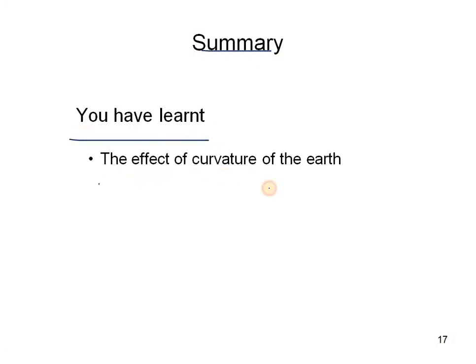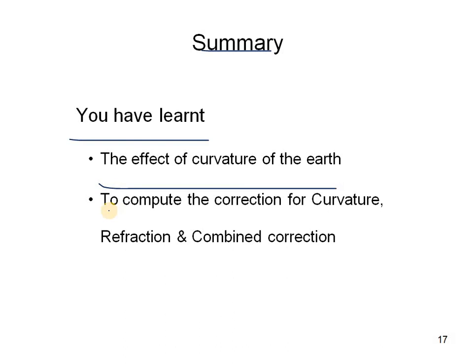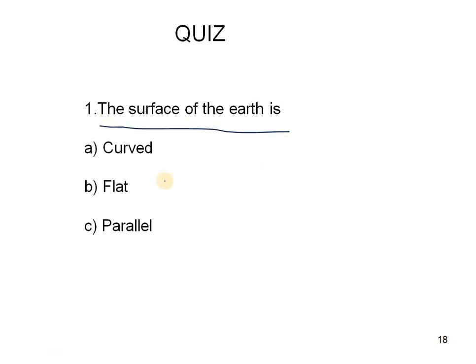Finally, the summary. We have learned today the effect of curvature of the earth and how to compute the correction for curvature, refraction and combined correction. Quiz: the surface of the earth is curved, flat, parallel, or none of the above? Answer A, curved.